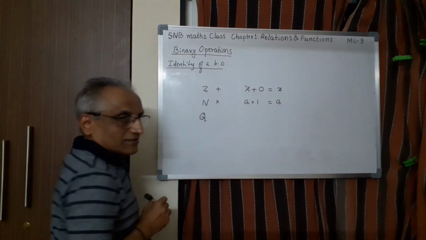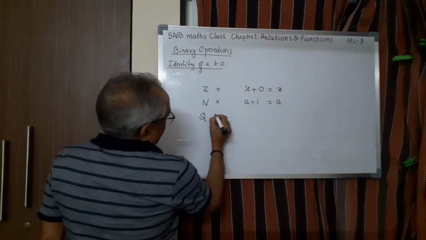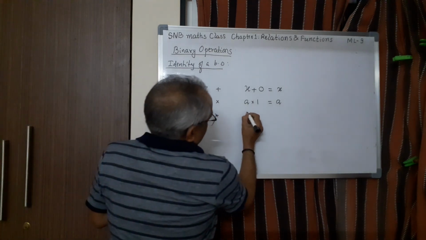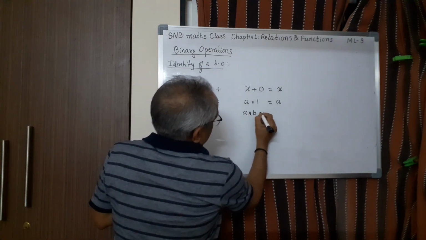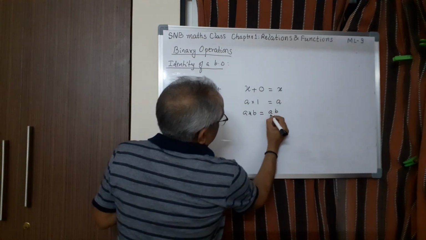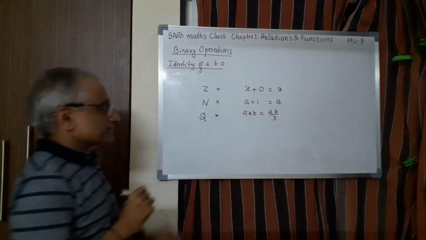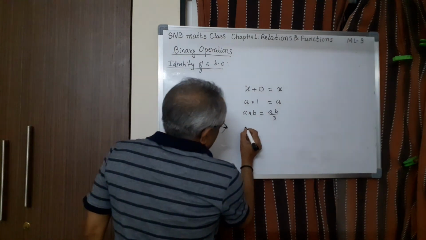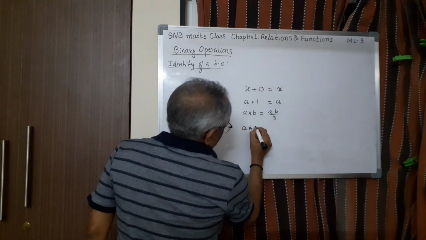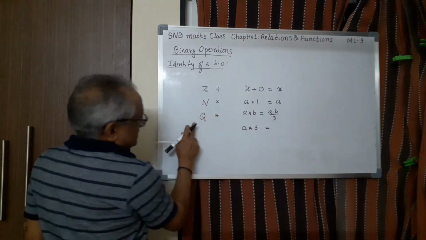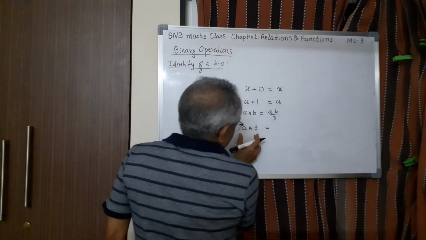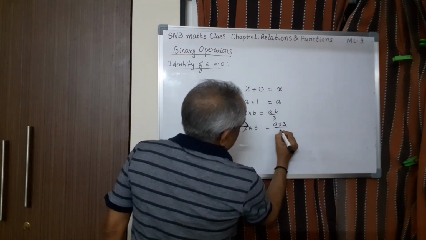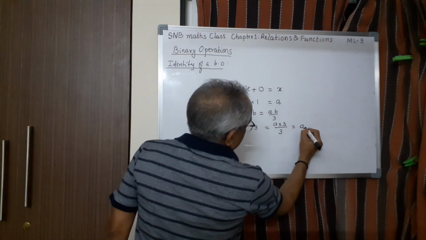Q, the set of rationals, and let me define star by a star b equal to ab by 3. Now suppose I take any element a with 3, because 3 is here. So this will be according to the definition a into 3 divided by 3. This will give you a only.